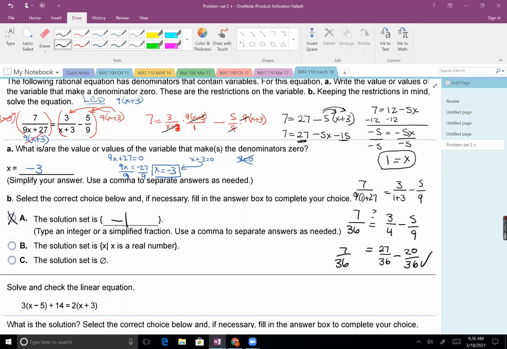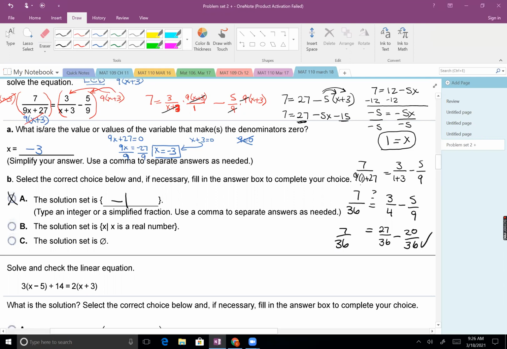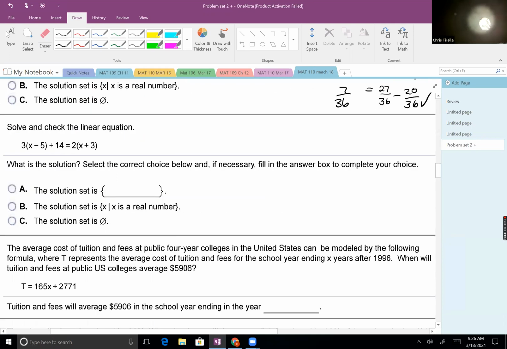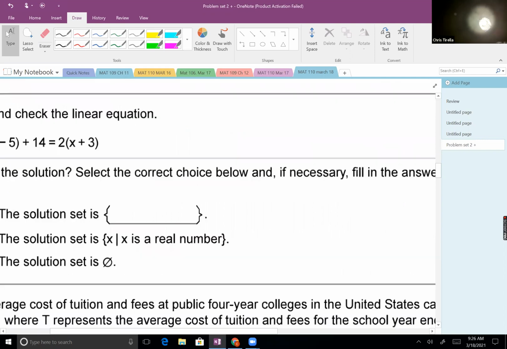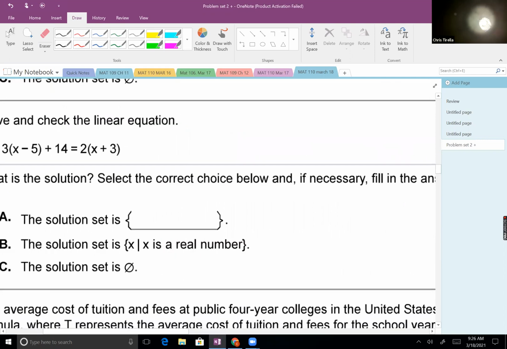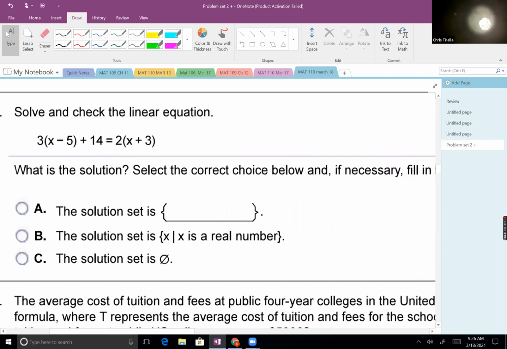Yep. Great. Next one is just asking us to solve a first degree equation. And I want to make you guys do a little bit of the work. So I'm going to shut up here for a minute and ask you folks to please distribute, simplify, and solve.